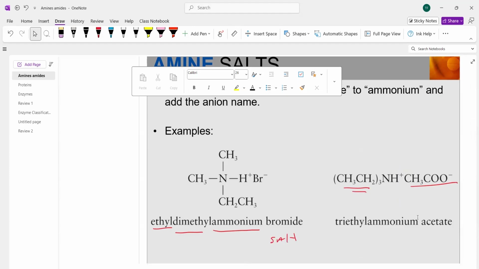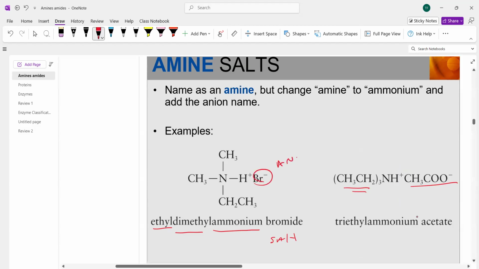The anion part of the ammonium salt is named at the end.